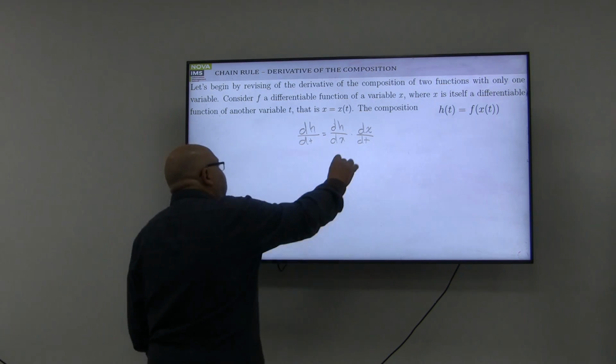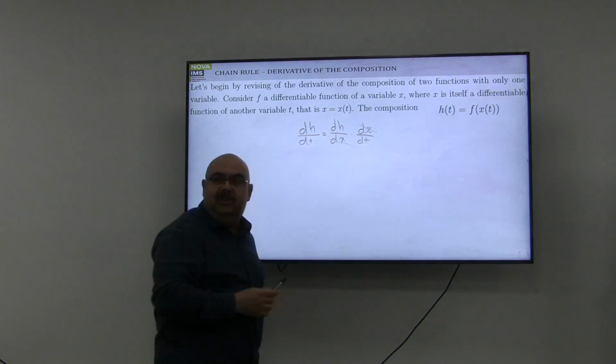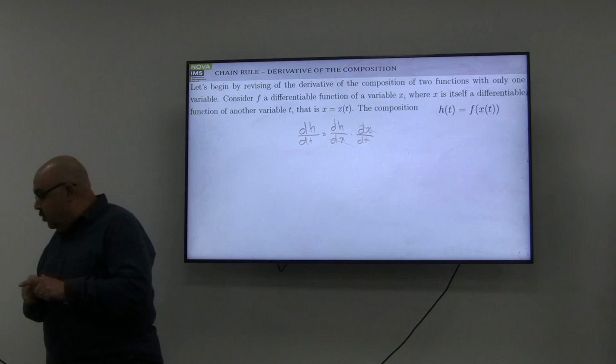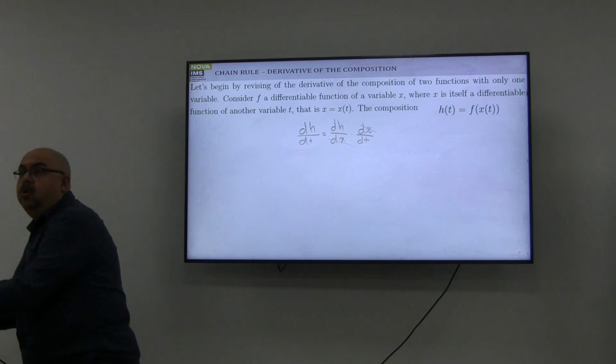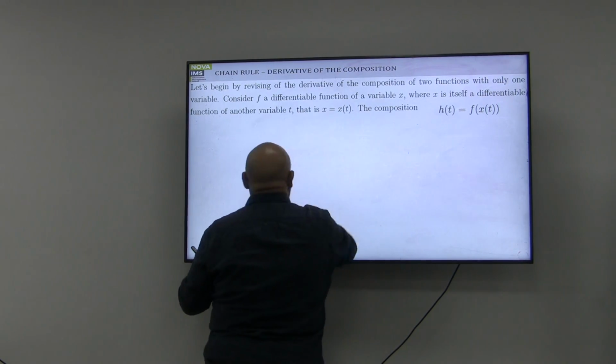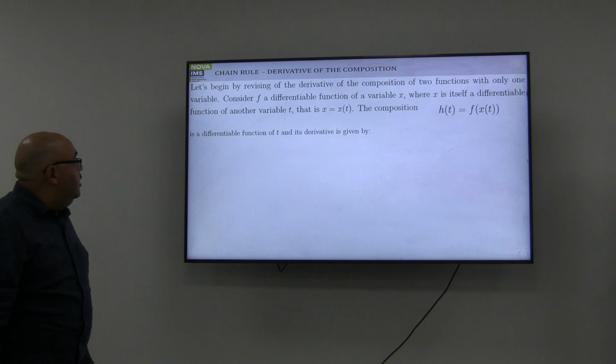It's like cancelling these two together, and you will find dh over dt, as you can see. As I told you, the rule is simple, but all you need is just to focus, and then you will be able to see the rule.